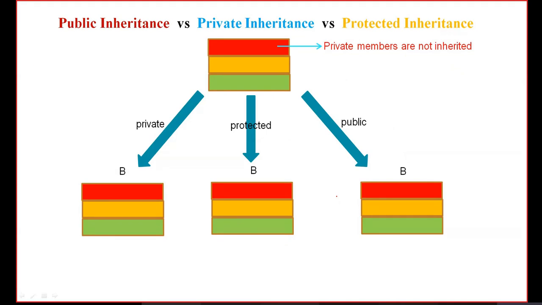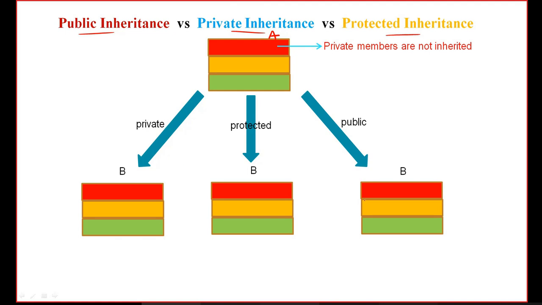Now we are just comparing how public inheritance, private inheritance, and protected inheritance are done. Here, this is class A, which is my base class, and class B are my derived classes.